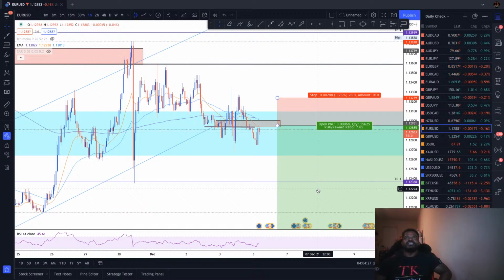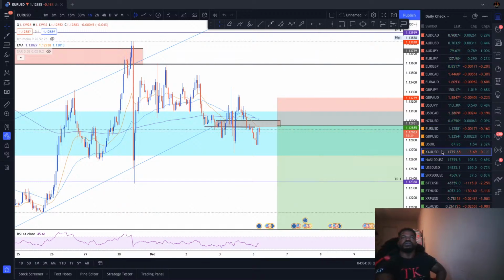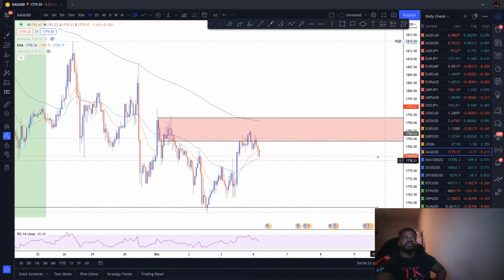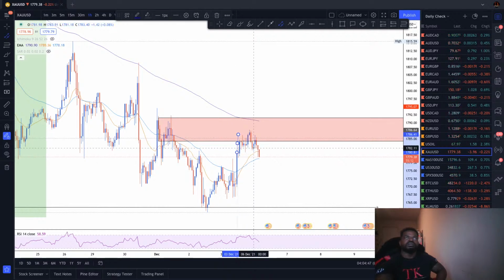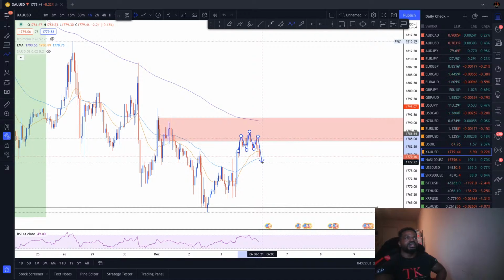So let's see. Gold. Okay, gold is still moving. So here we have a head and shoulders pattern on gold, right in our sell zone.